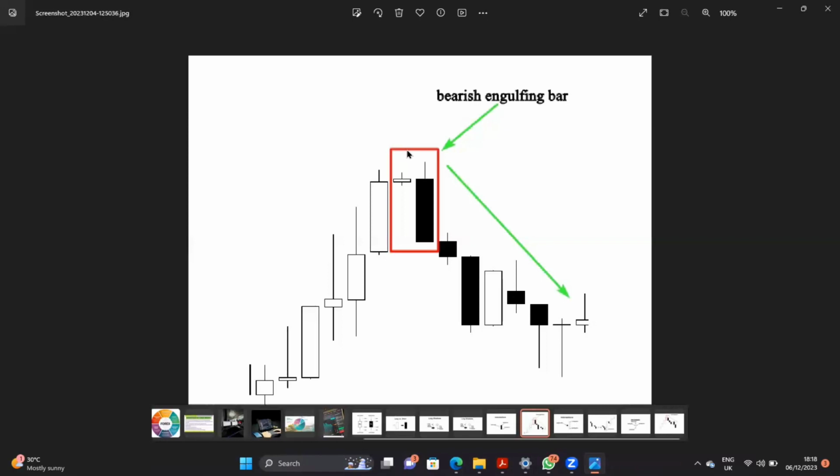All right, so we're looking at the bearish engulfing bar. Before that, let me talk about an engulfing bar candlestick pattern.